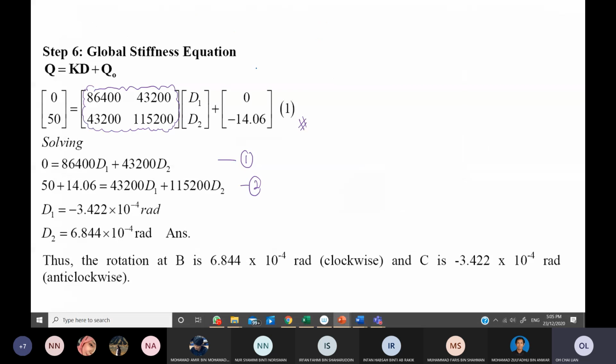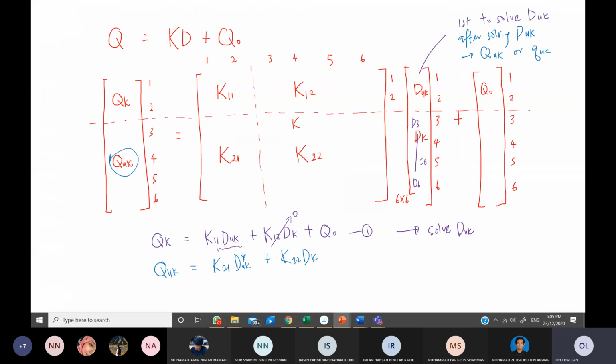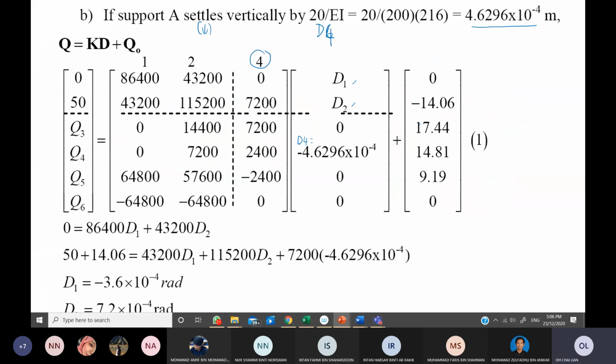Remember, earlier we did not put in this K12 because D3 to D6 are 0. When K12 multiplies Dk, it will be equal to 0. But now the Dk has one value here, and it is associated with this number 4. So you need to get column number 4 also from the structure stiffness matrix.